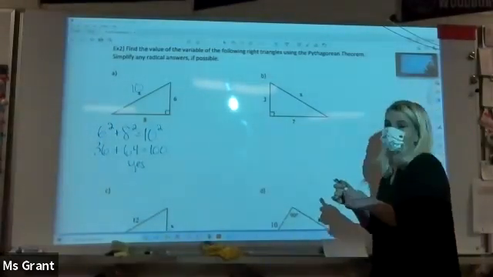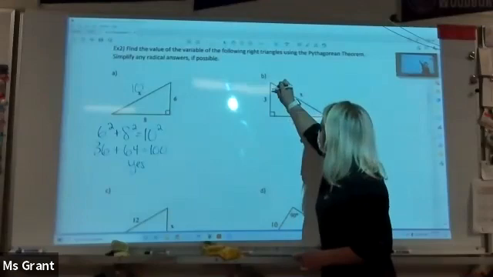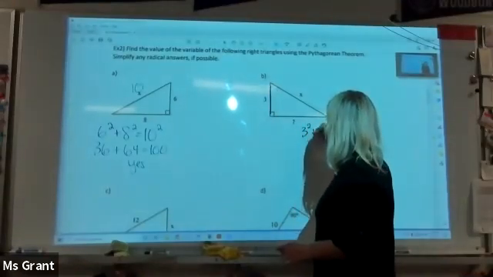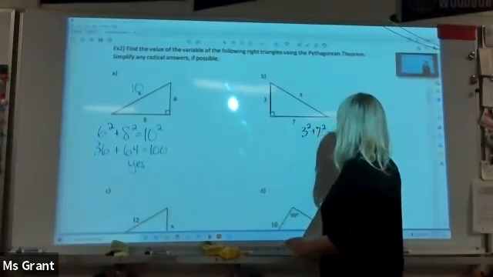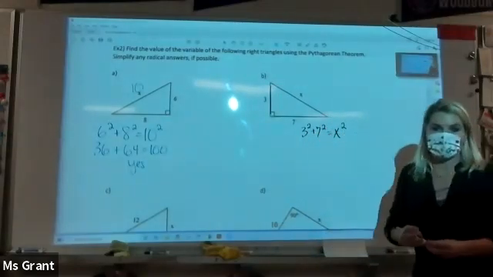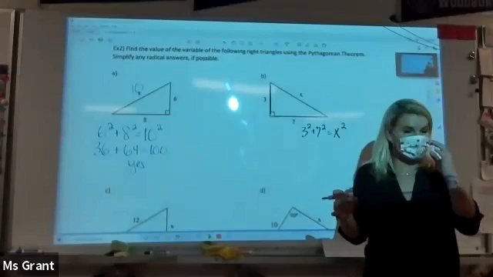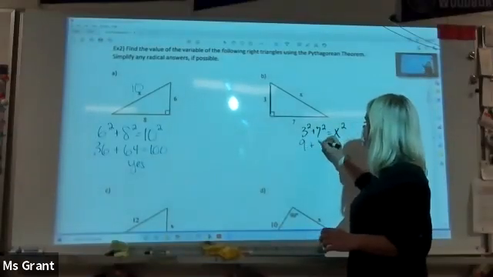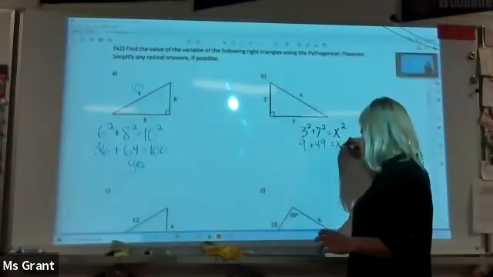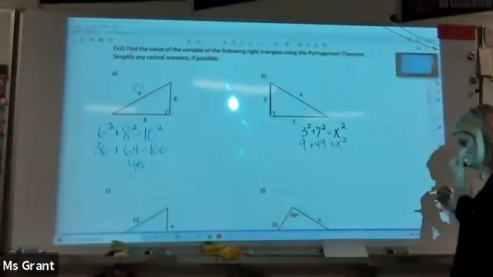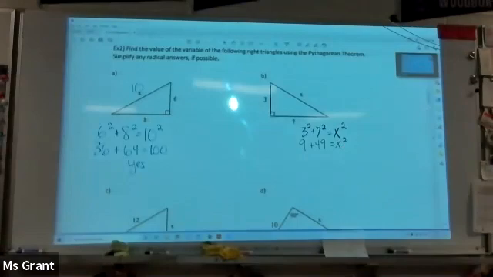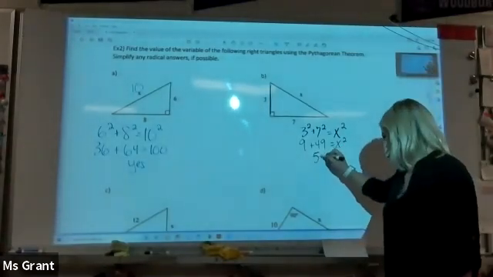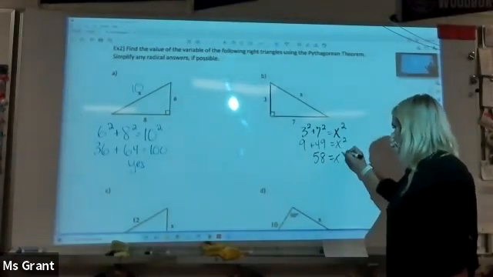B, legs squared plus legs squared. I know it says X, it doesn't say C. We got to be flexible, that's fine. 3 squared is 9 plus 49 equals X squared. So, easy, 58 equals X squared.